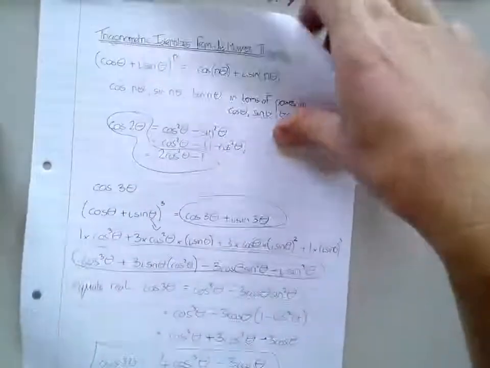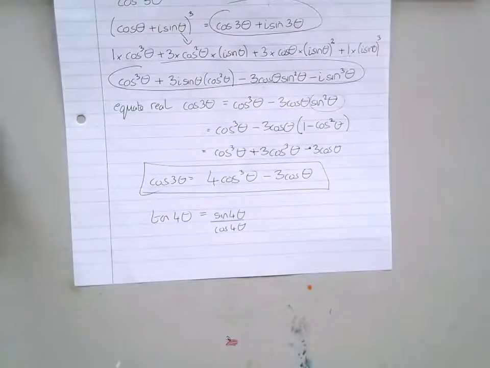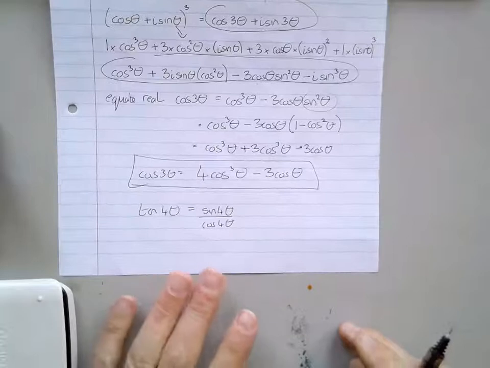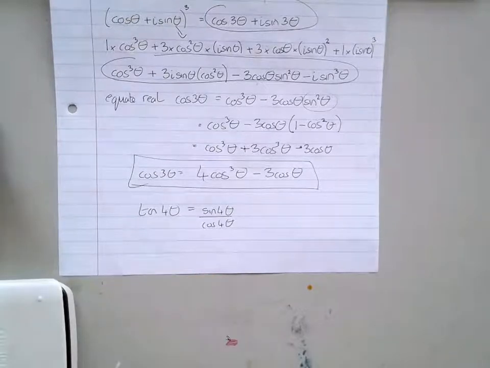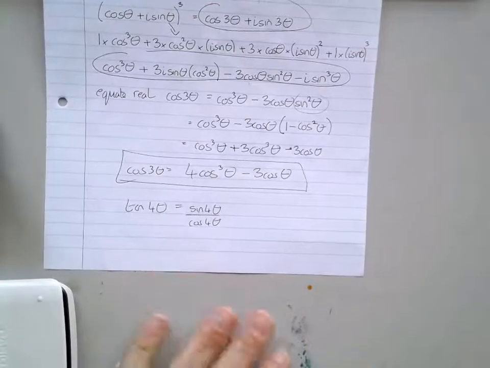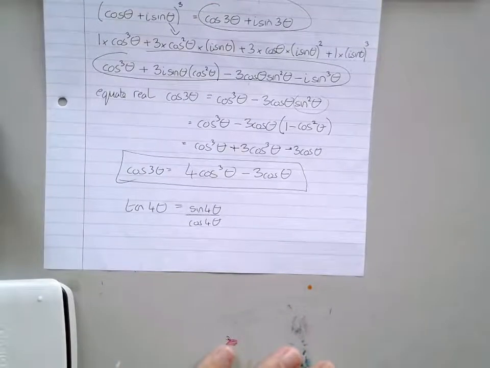And then what you do is a cunning manipulation of the terms to put it all in terms of tan theta, or powers of tan theta. It's quite elegant. If you read the example from the FP2 textbook, which I reference in the assignment information, you'll see how to do that.